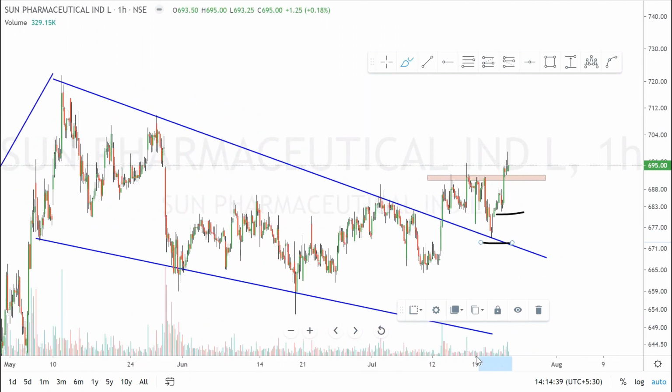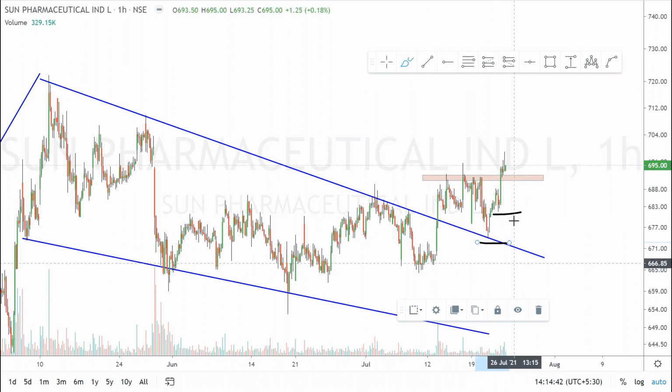Now, if you keep a stop loss of this level, you have to achieve target according to that stop loss only. You have to keep a minimum RR ratio of 1:2.